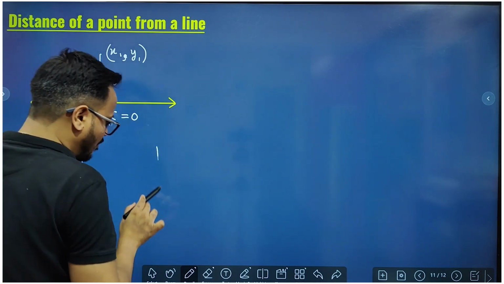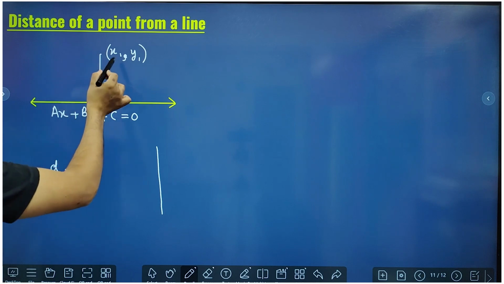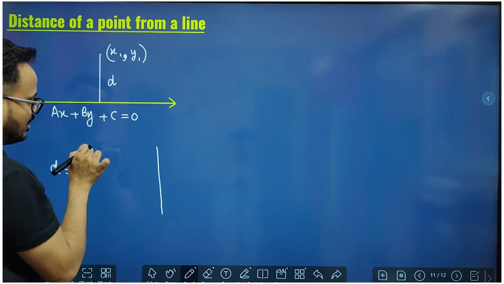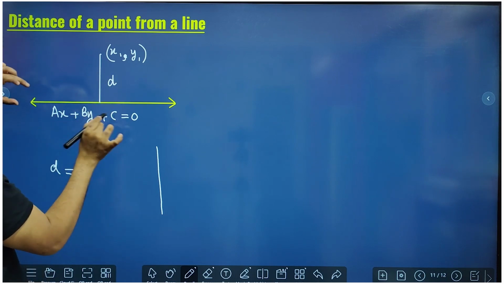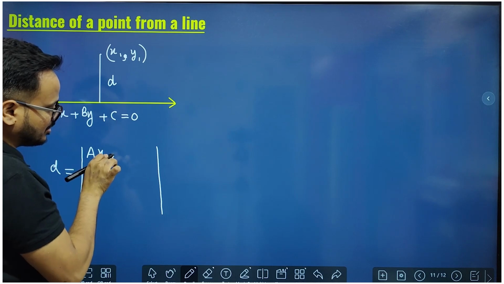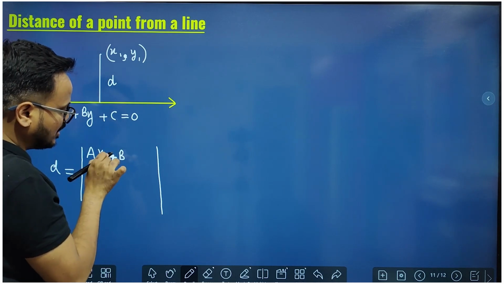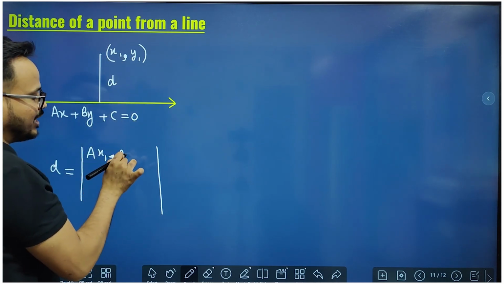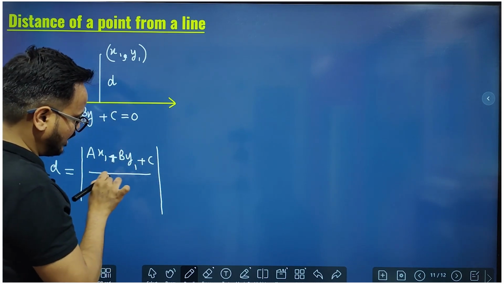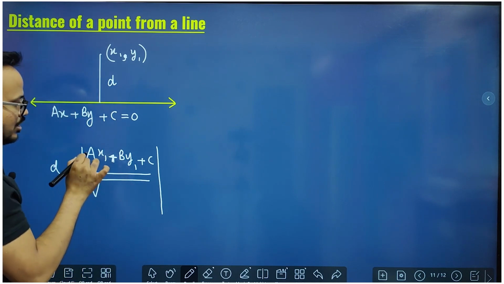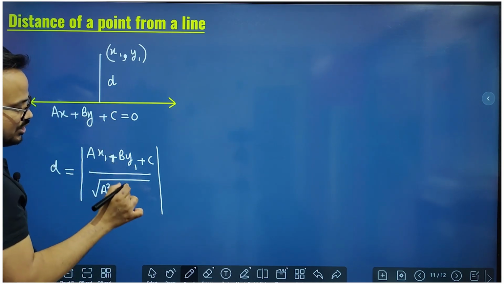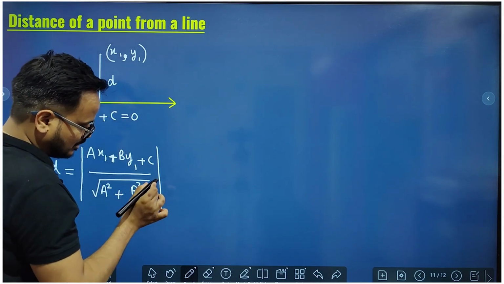Then d is the mod of, first put this point in this line: a, in place of x you will put the x coordinate of this point, plus b, in place of y you will put the y coordinate of this point, plus c, divided by the square root of the coefficient of x squared plus the coefficient of y squared.